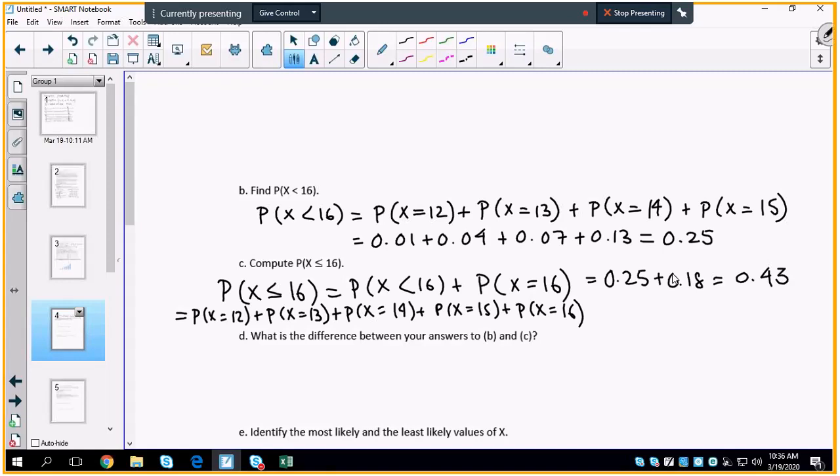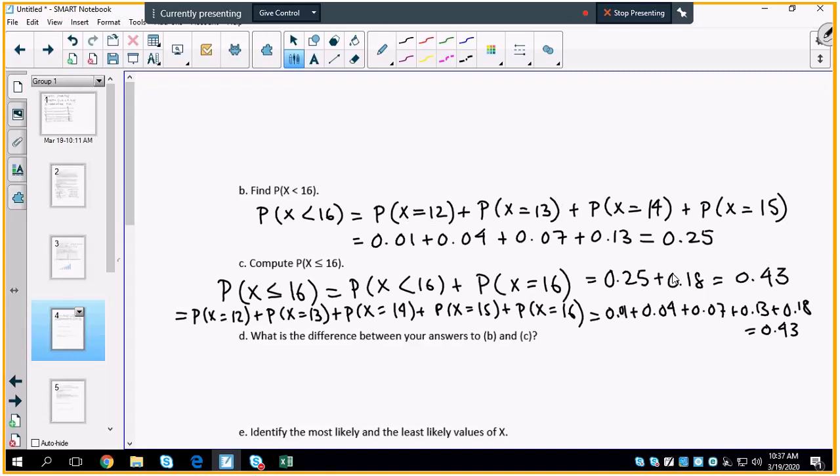If I wanted to compute it by computing all 5 of the different age groups, then I just have to do the sum one more time. I will say it's 0.01 plus 0.04 plus 0.07 plus 0.13 plus 0.18, which will still add up to 0.43, whichever way you like it.